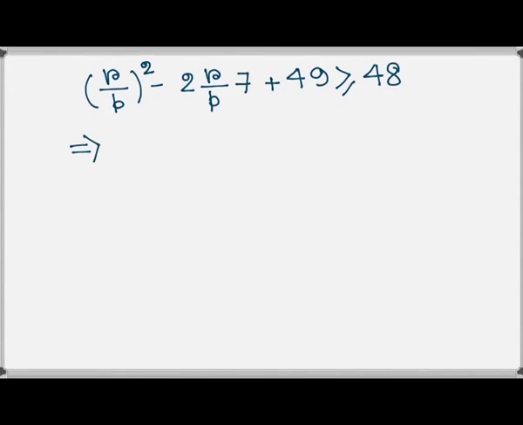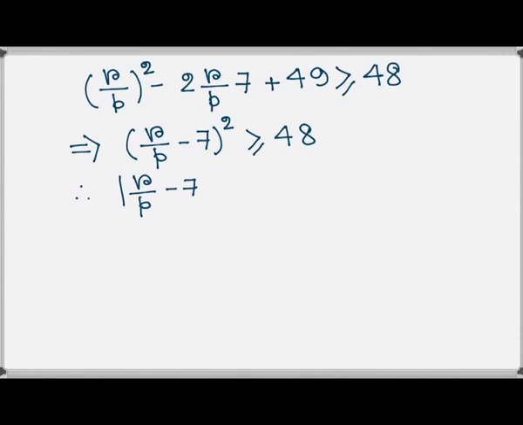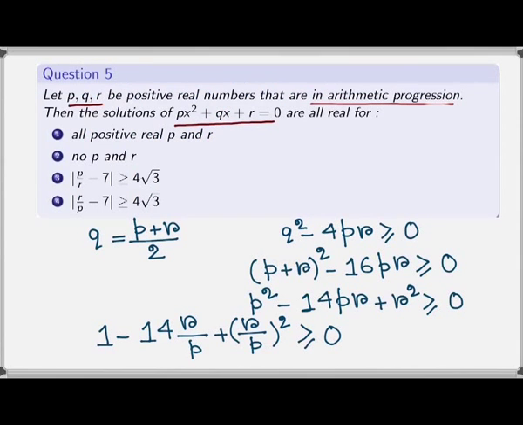So therefore we have (r by p minus 7) whole square is bigger than equal to 48. So therefore we can conclude that modulus of r by p minus 7 is bigger than equal to 4 square root of 3. So we can see that the fourth option, modulus of r by p minus 7 is bigger than equal to 4 square root of 3, is correct.